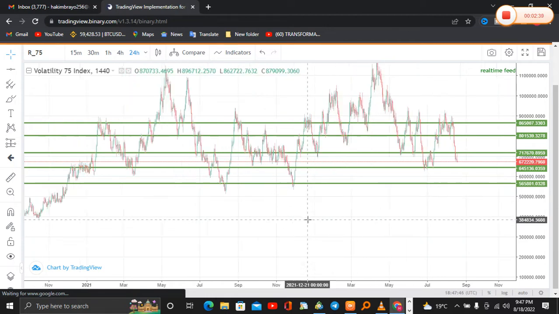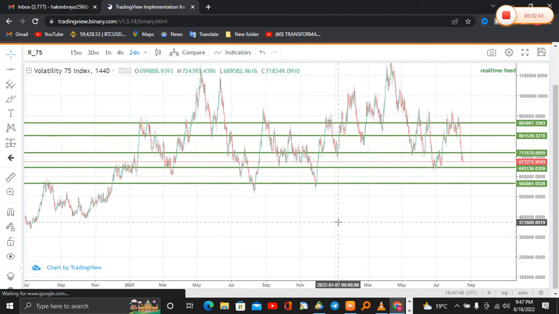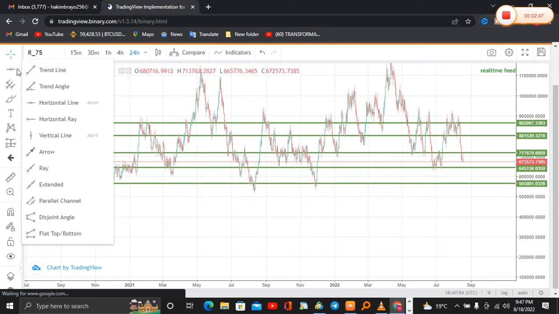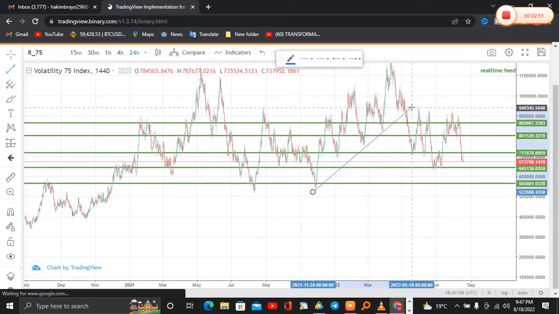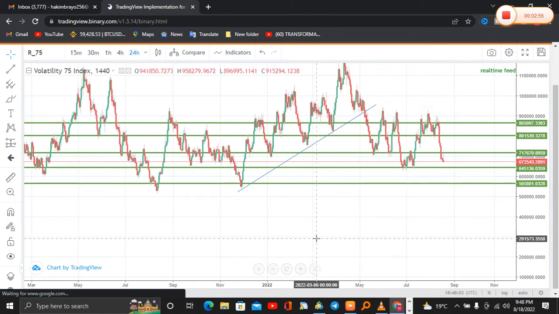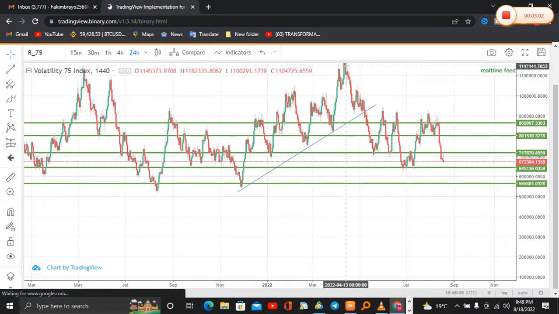Now if I look clearly at 75 (1s), I can see we had a little bit of an uptrend, whereby the market was making higher lows, higher highs, higher lows, higher highs, higher lows, and higher highs.